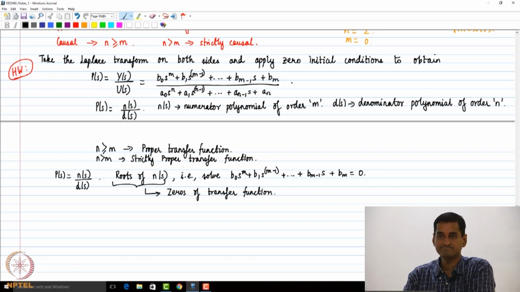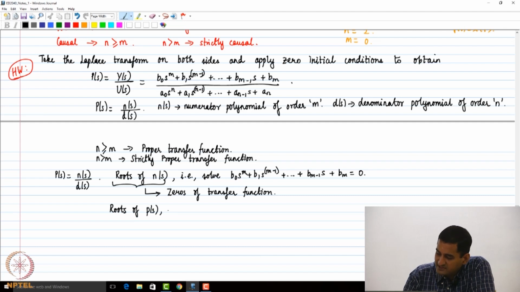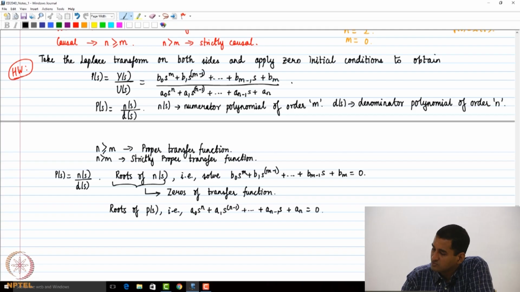Okay, I hope it's clear why they are called zeros: the transfer function vanishes. Similarly, we solve a naught s power n plus a1 s power n minus 1 plus all the way till a n minus 1 s plus a n equals 0.